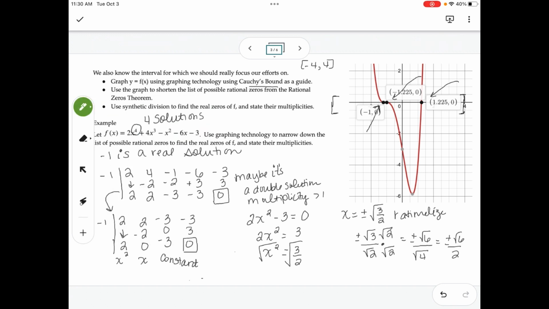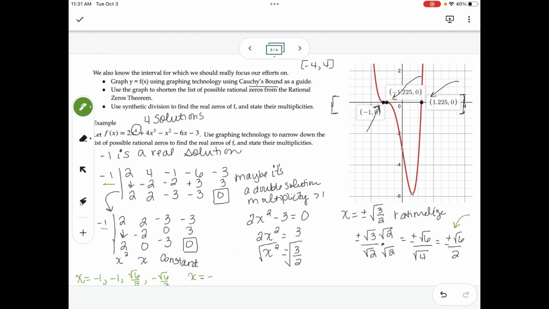Our 4 solutions then, because there's 2 of them here, and we get to count -1 twice because it went through twice. So x is equal to -1, -1, square root 6 over 2, and negative square root 6 over 2. We found all 4 solutions.